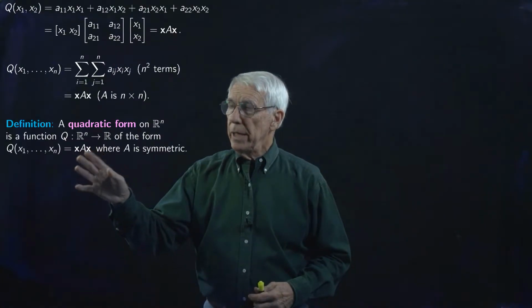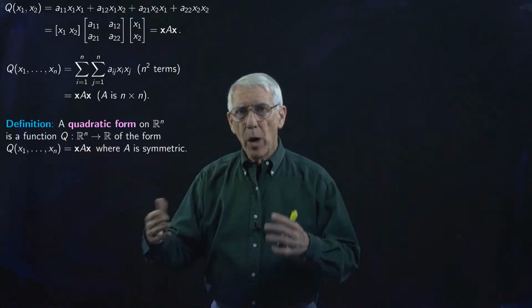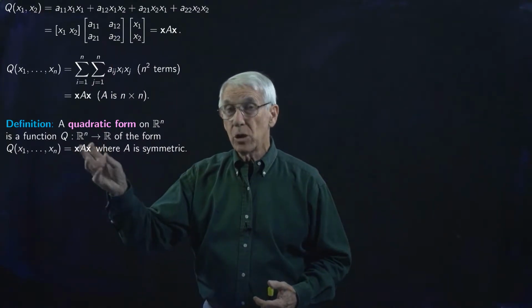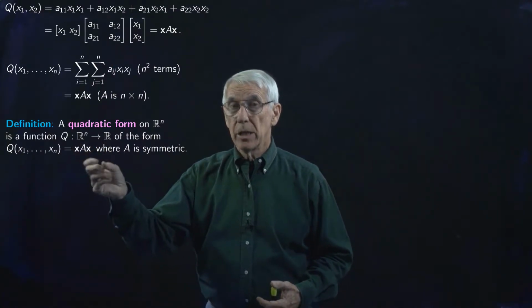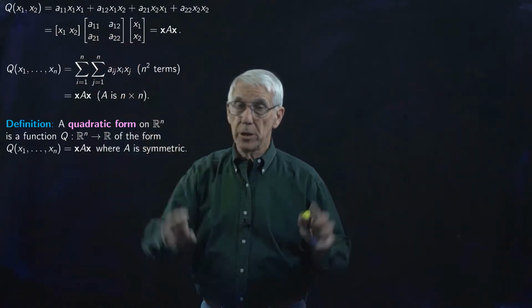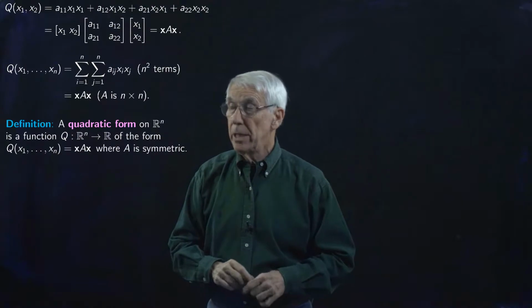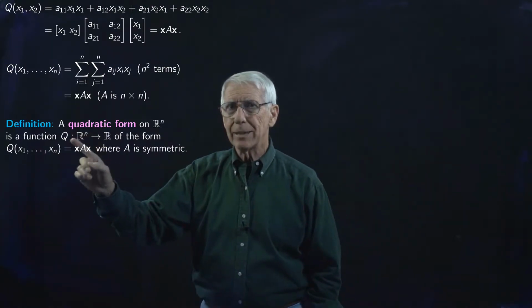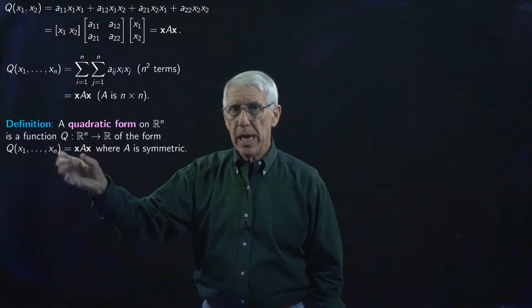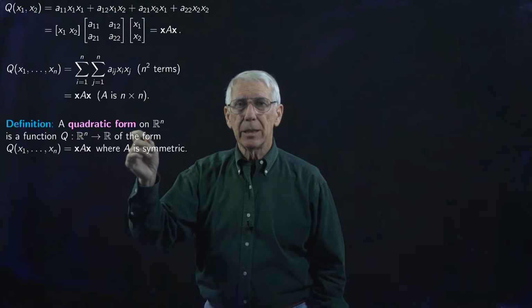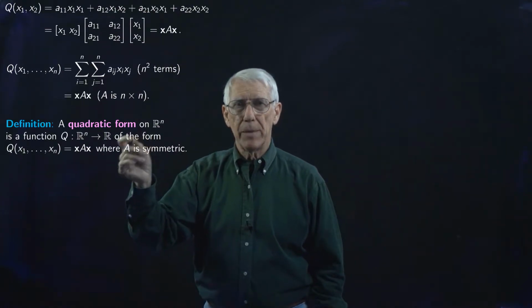So this says that there's a kind of one-to-one correspondence between pure quadratic functions, the quadratic functions that have only second-degree terms, none of those first-degree terms or zero-degree constant terms, and the symmetric matrix that represents it.